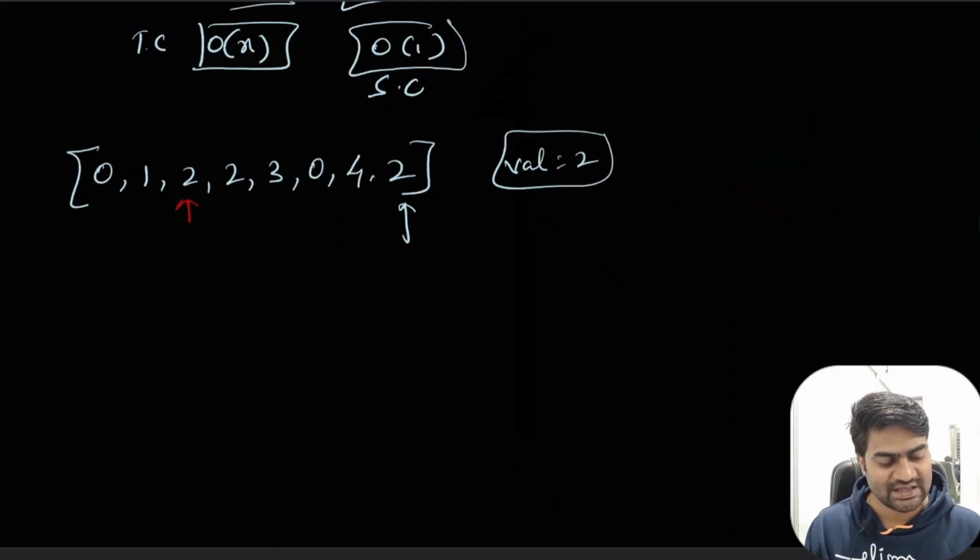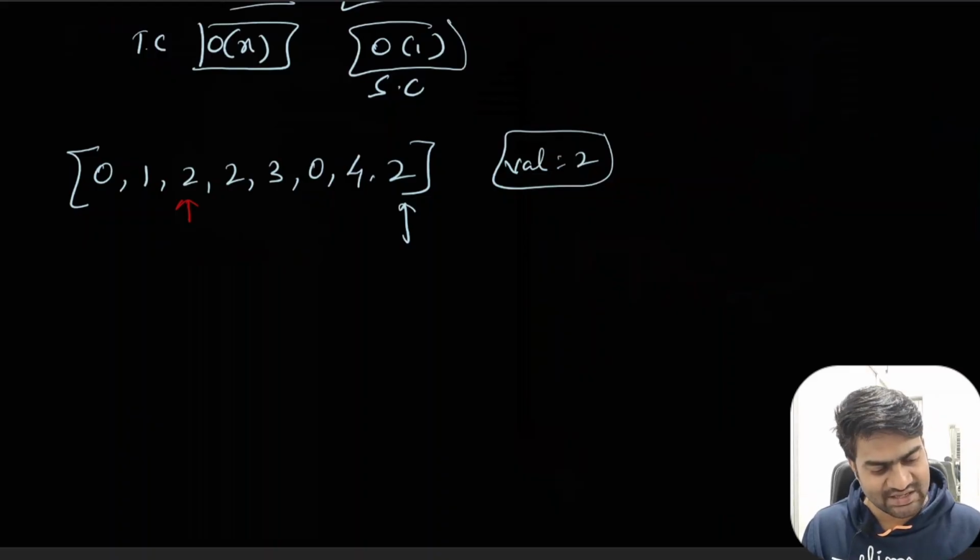Now if you see, we are getting 2. So it means we need to remove this 2, right? So now what I will do, I will take the number which is at my right position. I will take that and I will put it at this particular position and I will shrink it. Why shrinking? Because now if I remove one element from this particular array, its size will be decreased by 1, correct, right?